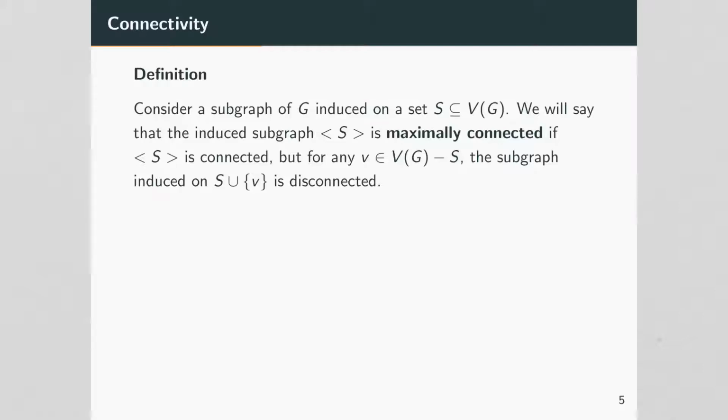One definition is for what's called a maximally connected subgraph. If we have a particular graph that is a disconnected graph, maybe it has a few different pieces and we can draw it with different parts. We can look at a particular subgraph.